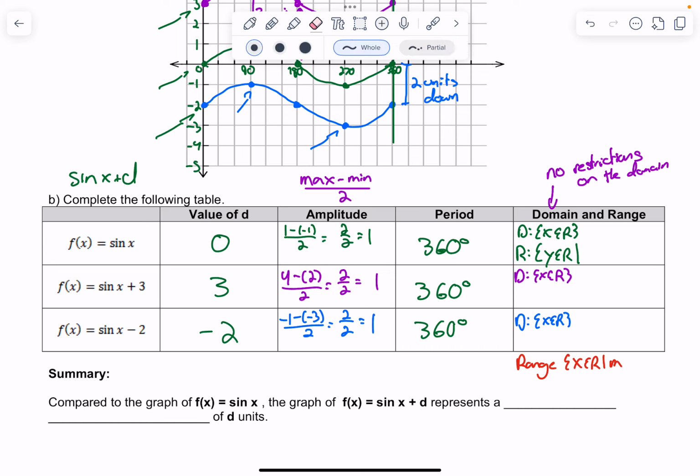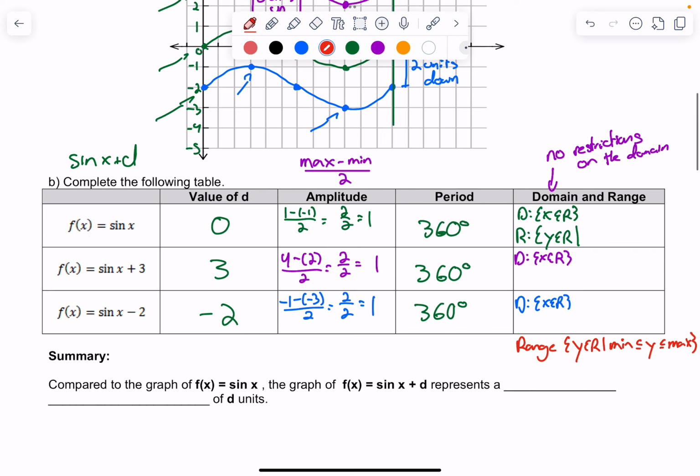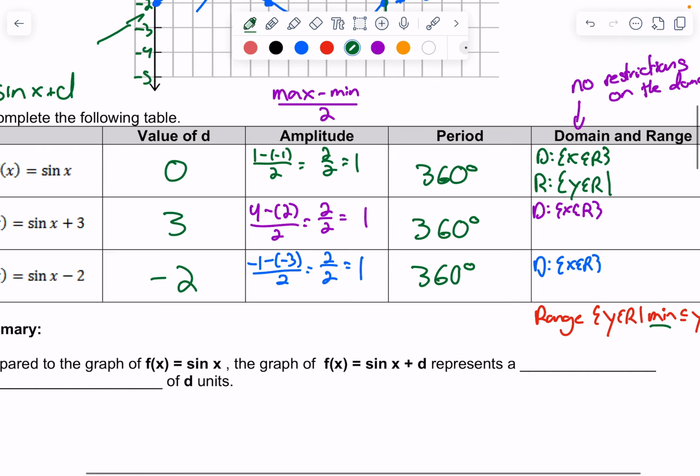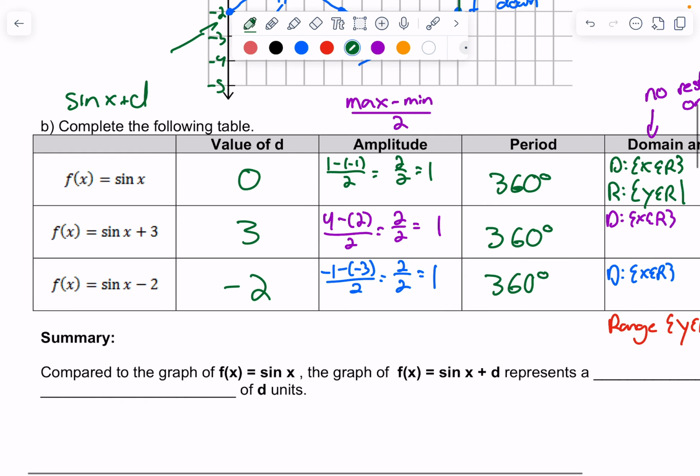Sorry, not x, y. y is your minimum less than or equal to y less than or equal to max. So these two will change depending on which one we're looking at. And we've shown that. Look at our math back here where we had to use this formula, max and min. Notice how all the numbers are different.